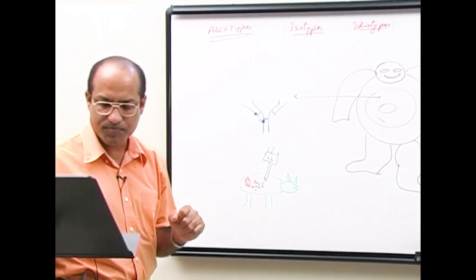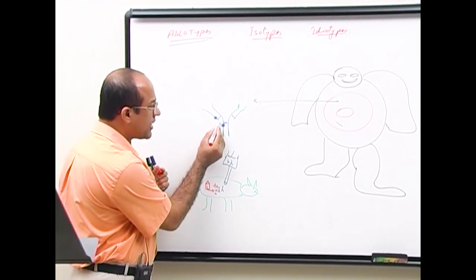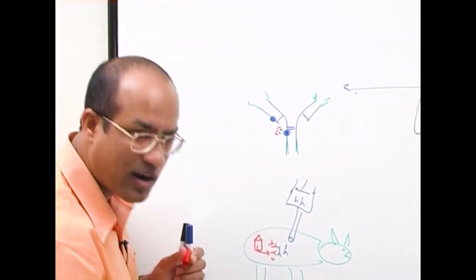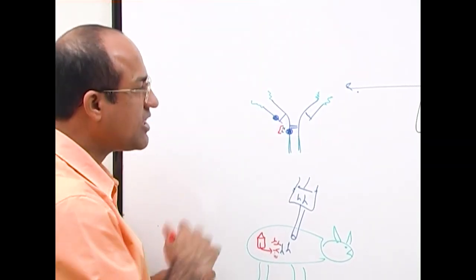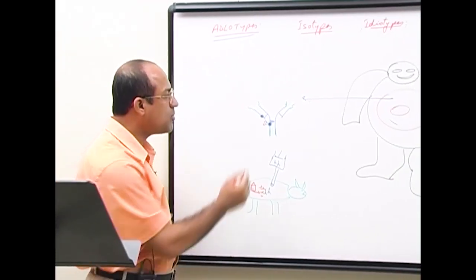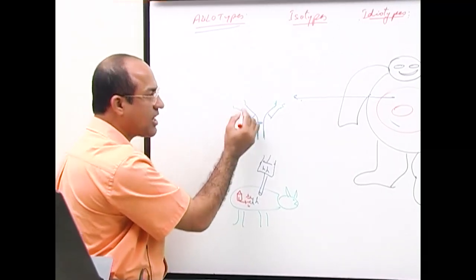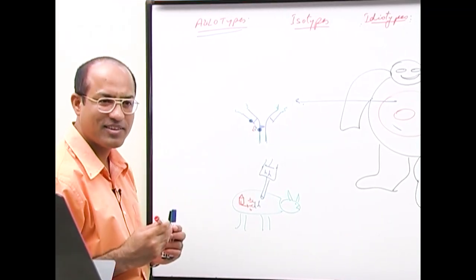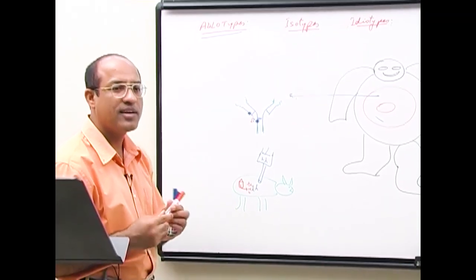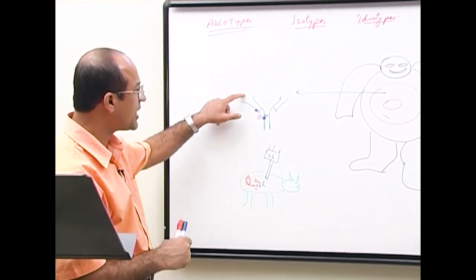So all my antibodies will have one point that is unique to all of them. As far as allotype is concerned, how many allotypes must I have? 1. How many isotypes? 5. How many idiotypes? Millions.